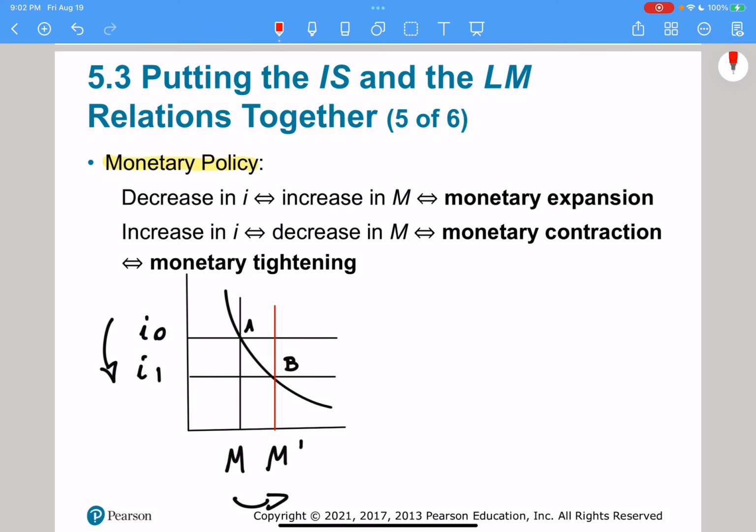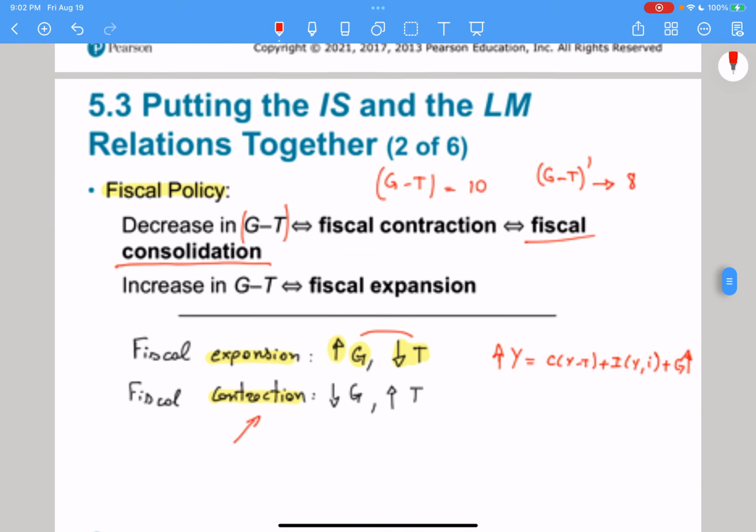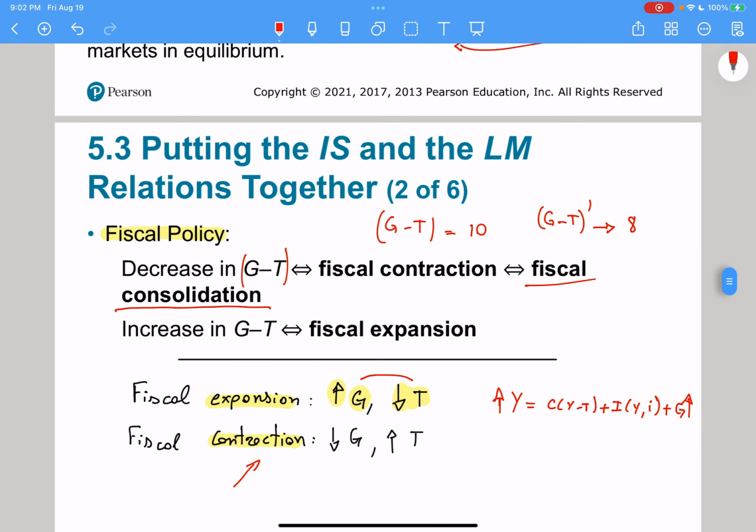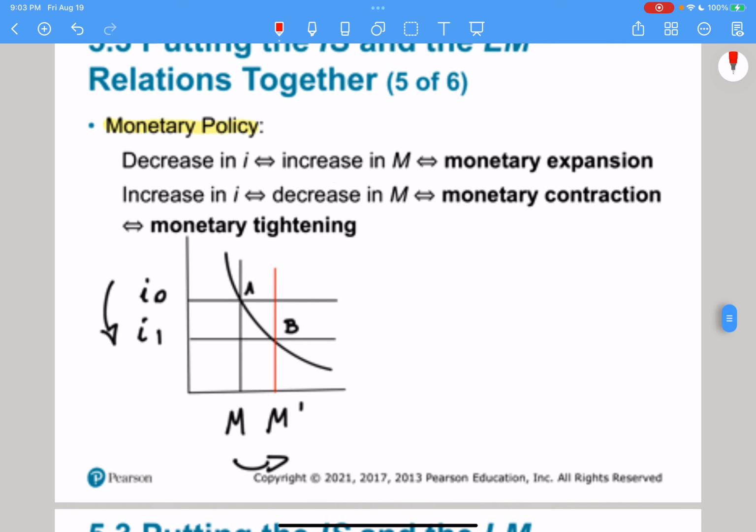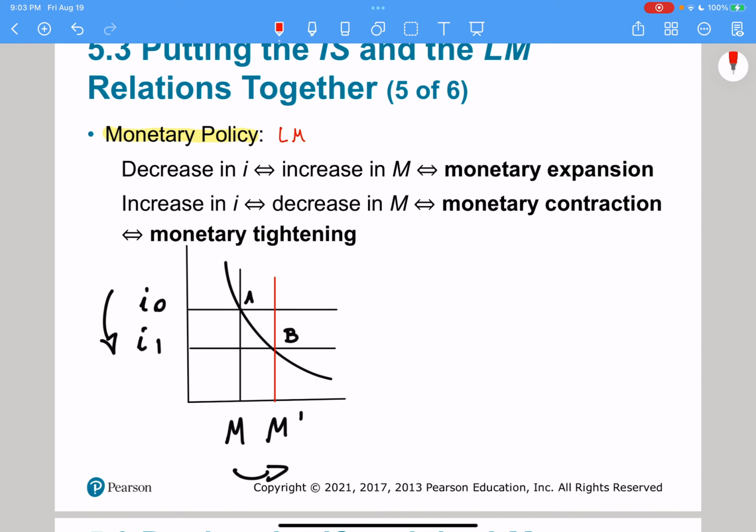Let's see the monetary policy here. The monetary policy is the policy that we do in the LM curve. So this is something that I would like to write down here so you don't forget. The fiscal policy is linked to the IS curve. The monetary policy is linked to the LM curve. Let's start with the following: you have a decrease in the interest rate.